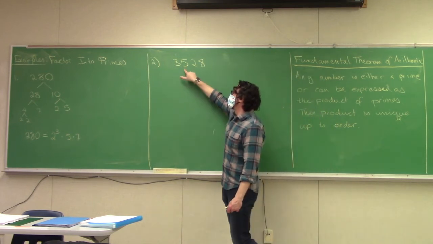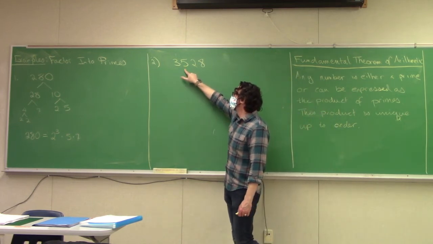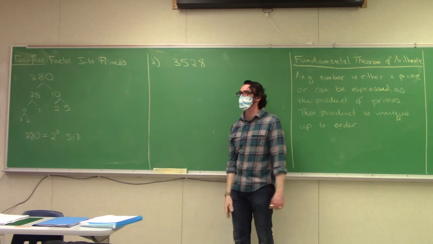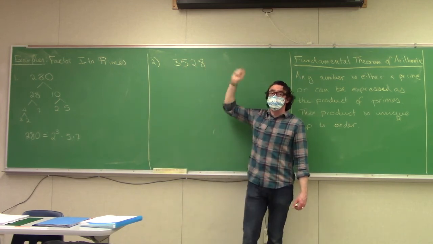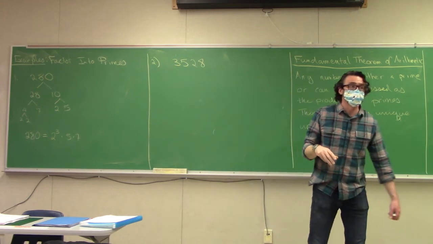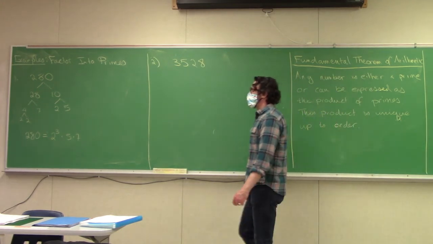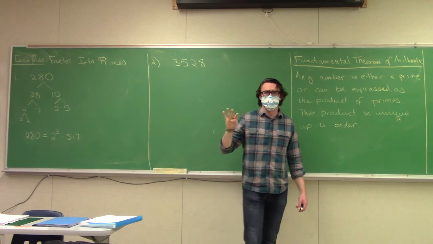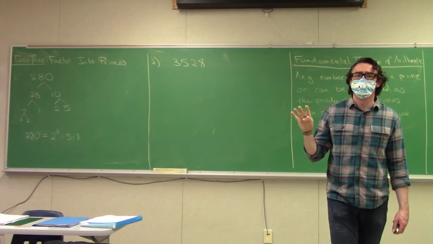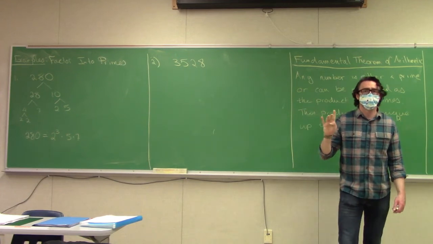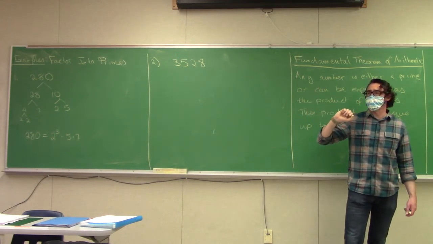So this number is divisible by 9, right? 3 plus 5 is 8, plus 2 is 10, gets me to 18. Okay, so 18, divisible by 9. Is it divisible by 4? What are we looking at for divisibility by 4?